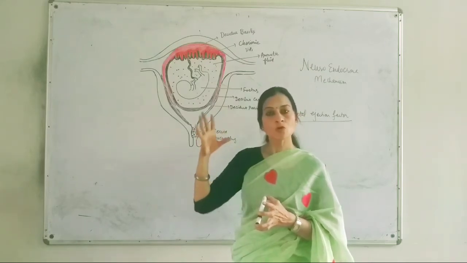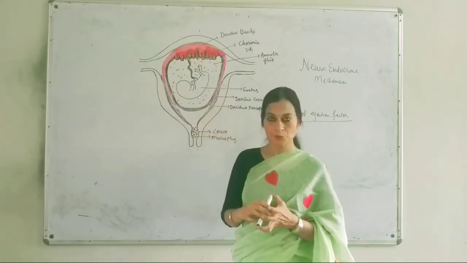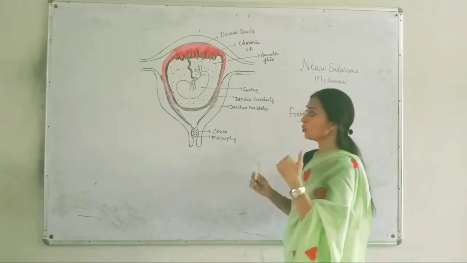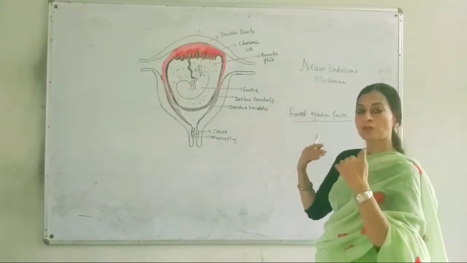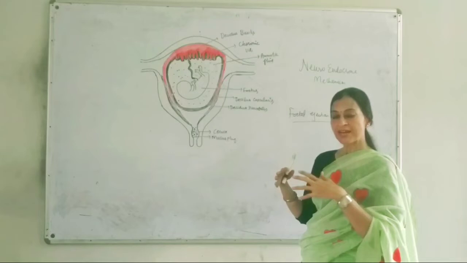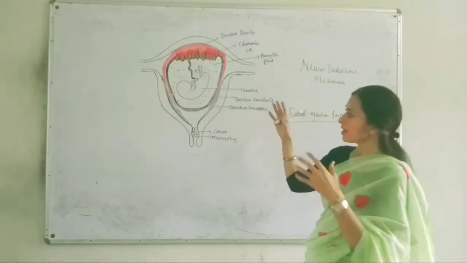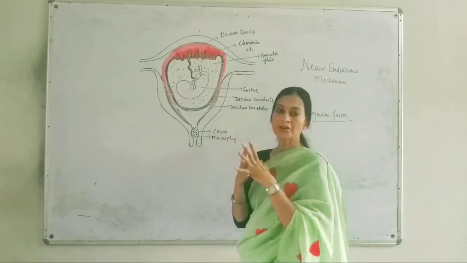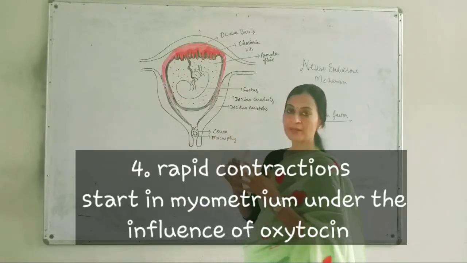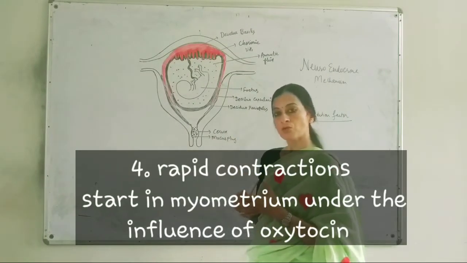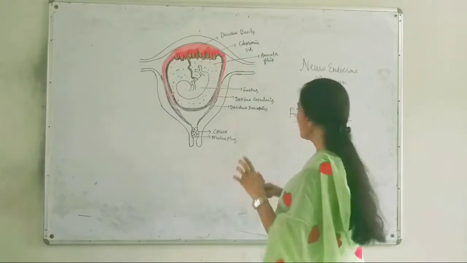Actually, the source of oxytocin is the posterior pituitary. So the secretion of the posterior pituitary gland has increased and starts rapid contractions in the myometrial wall of the uterus.